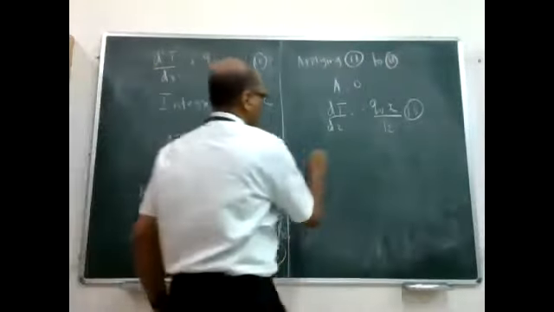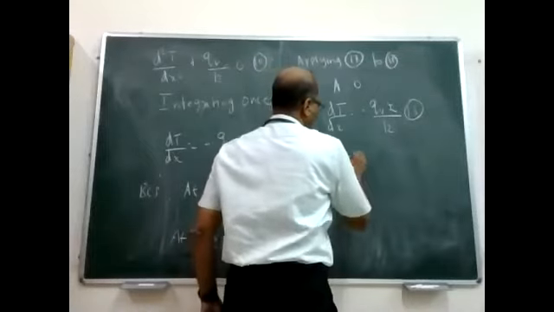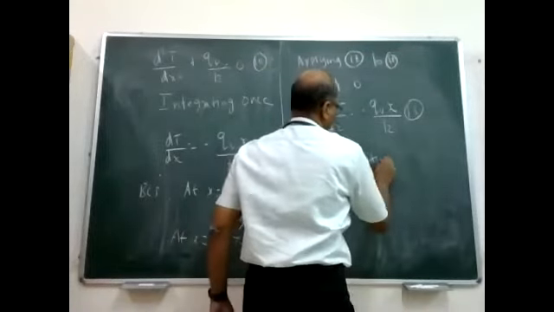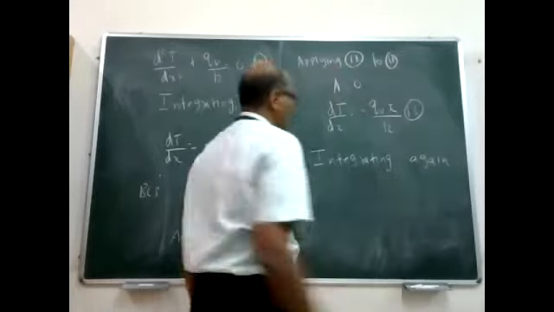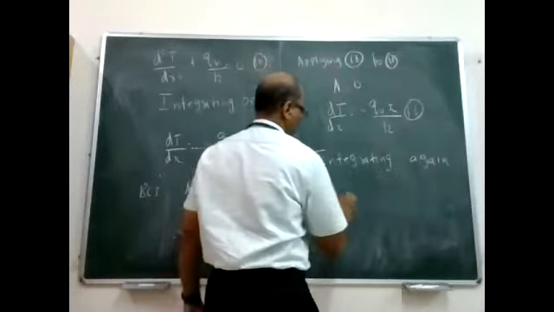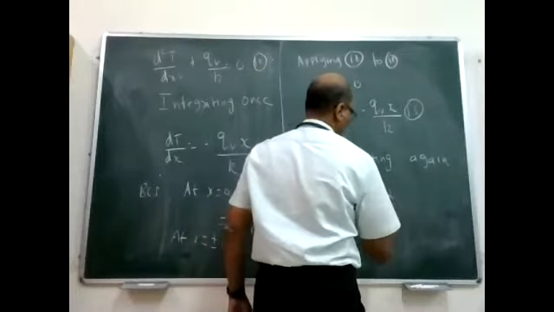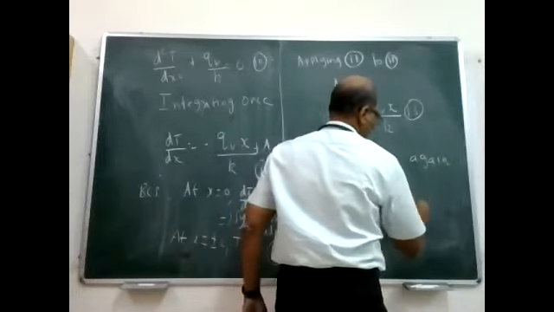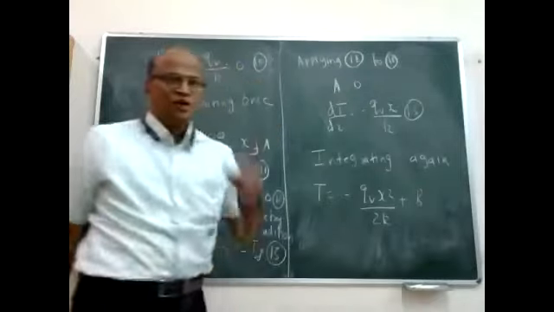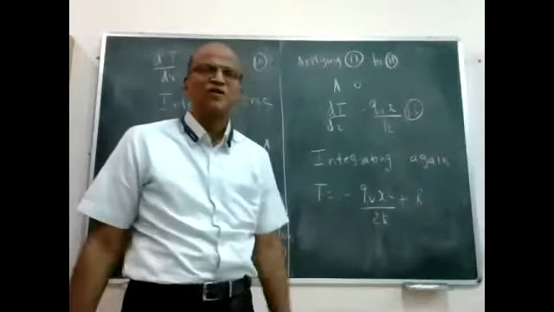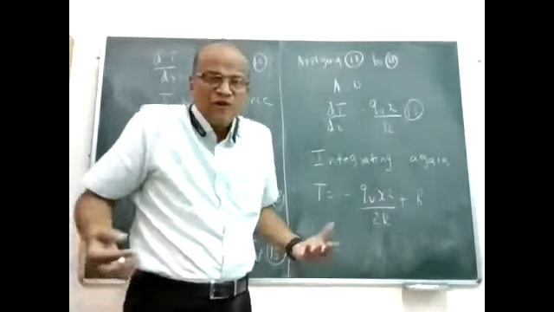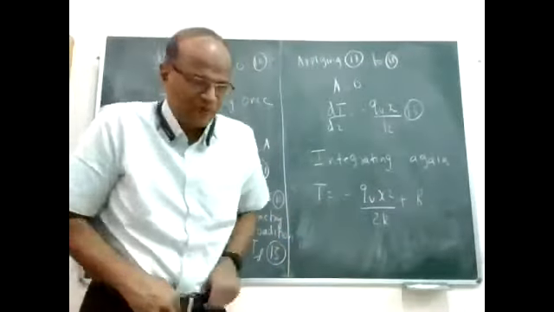Integrating again. Okay. Now temperature is a quadratic function of x. So there is a motivation for a polynomial regression. Okay.